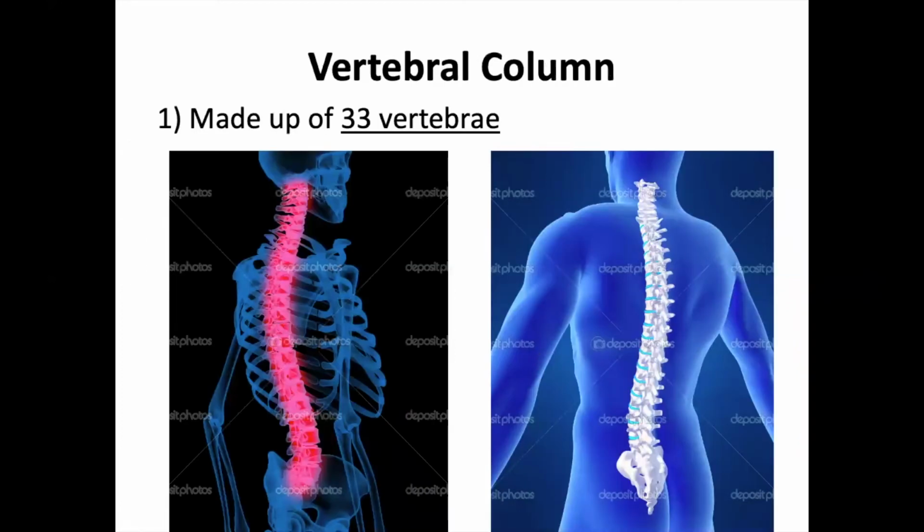Your vertebral column is made up of 33 individual vertebrae. And if you remember a previous video, I told you that some doctors would probably argue with me about that fact. And that is because they're not individual bones. It's not 33 individual bones. If you go down here at the bottom, this is called your sacrum. And down here at the very tip is called your coccyx.